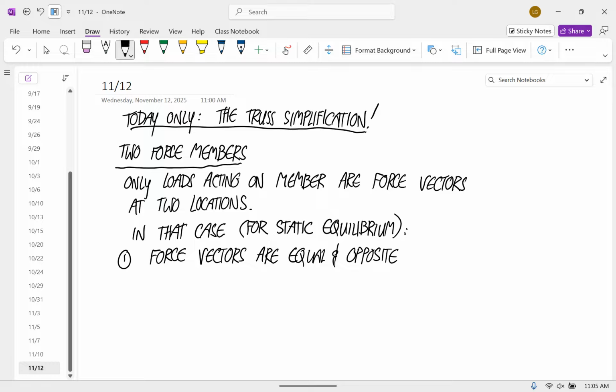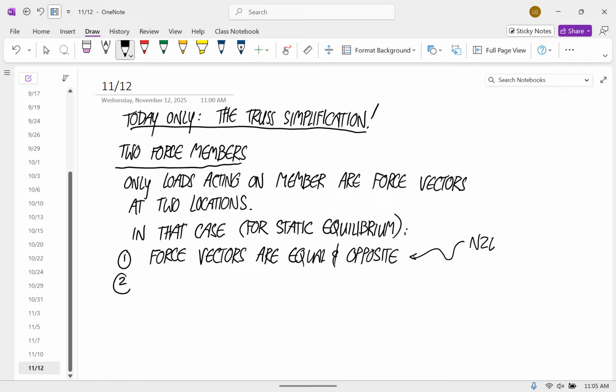If they're not equal and opposite, if one is 50 and the other one is 30 or whatever, this thing is going to accelerate. Newton's second law says that. So Newton's second law requires that the forces are equal and opposite.